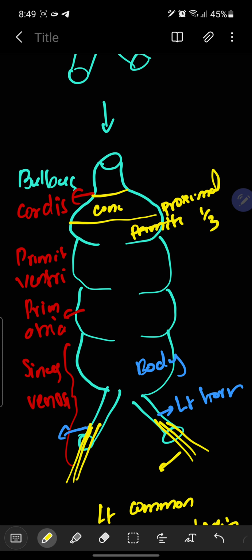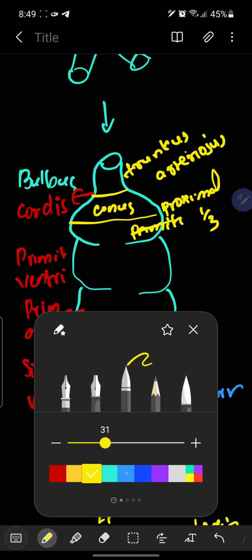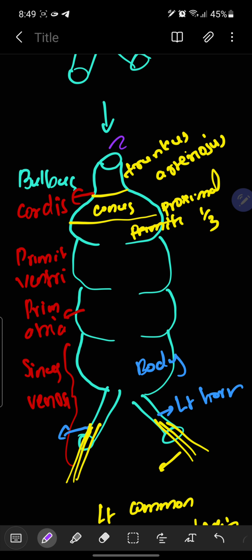This is the conus part, and this is the truncus arteriosus part. Here a spiral septum arises. Spiral septum. It is derived from neural crest cells.